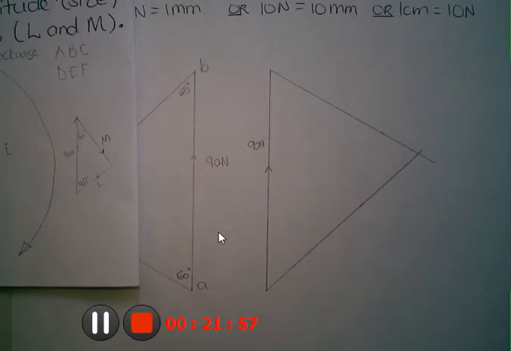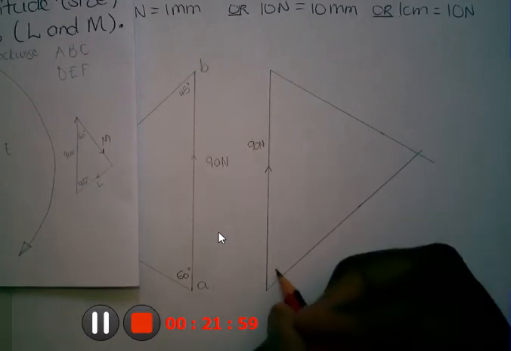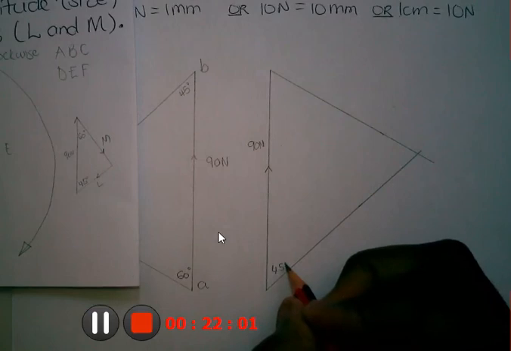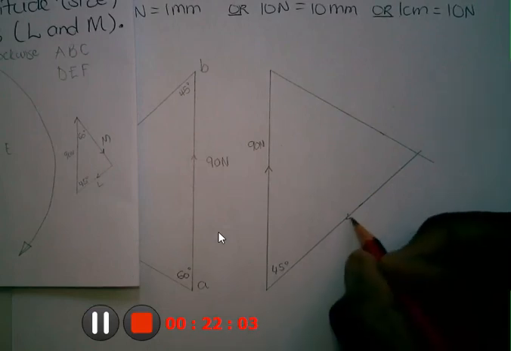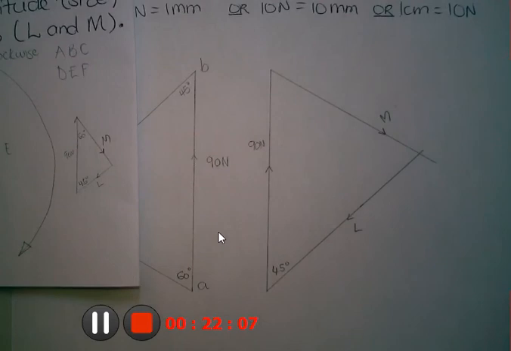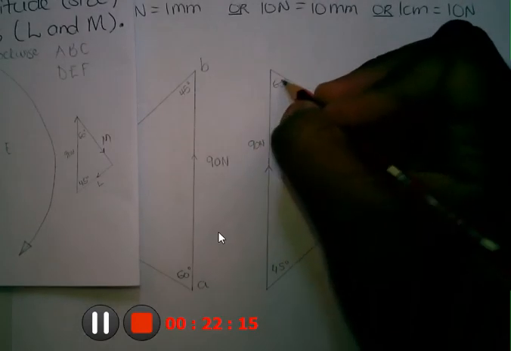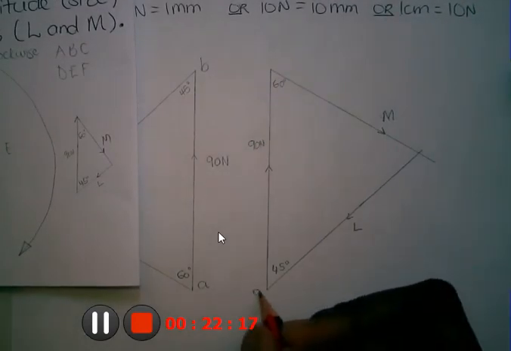So you label it correctly. This is your 45 degrees. This one will be L. This is M. Sorry for that. Okay, let me just put it properly. M. This is your 60 degrees.